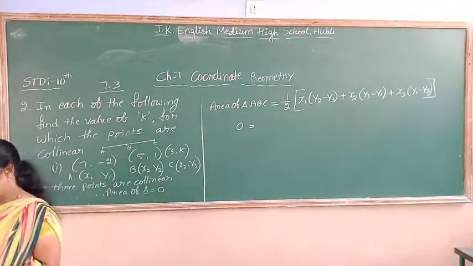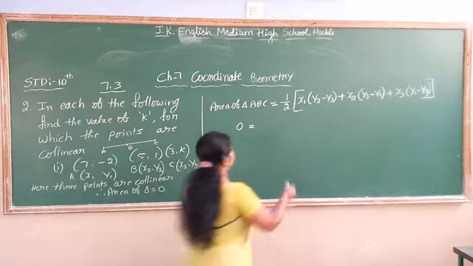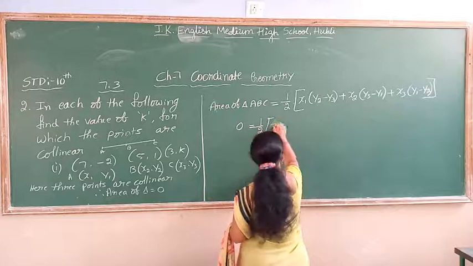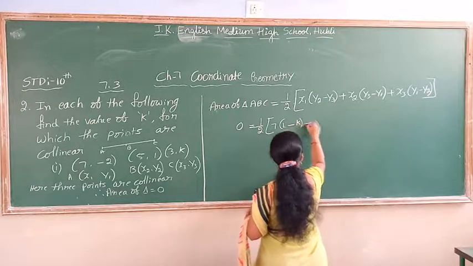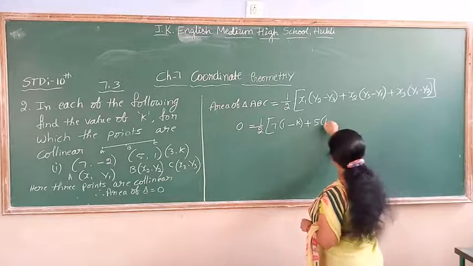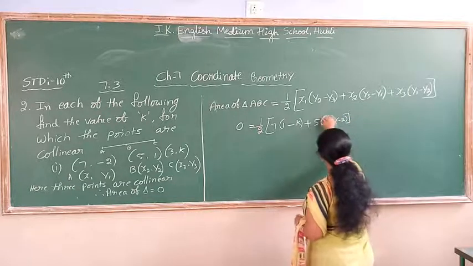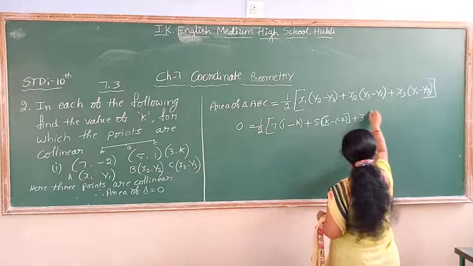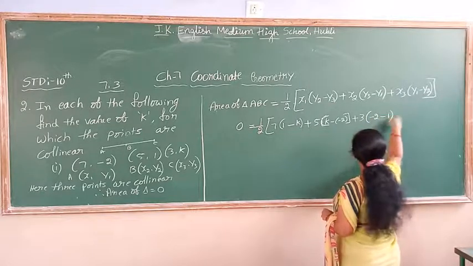Children, here I am going to substitute the values. x1 value 7, y2 value 1, y3 value k, x2 is 5, y3 is k, y1 value is -2, then x3 value is 3, y1 value is -2, y2 is 1.